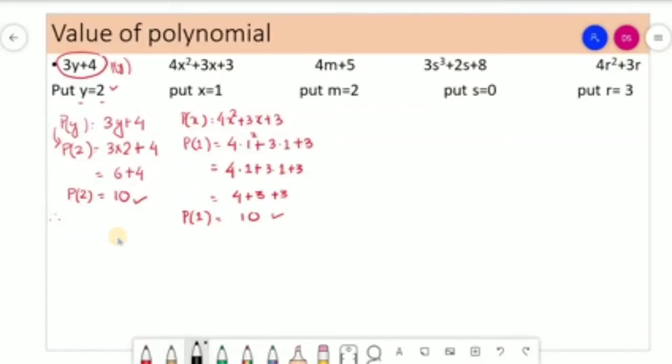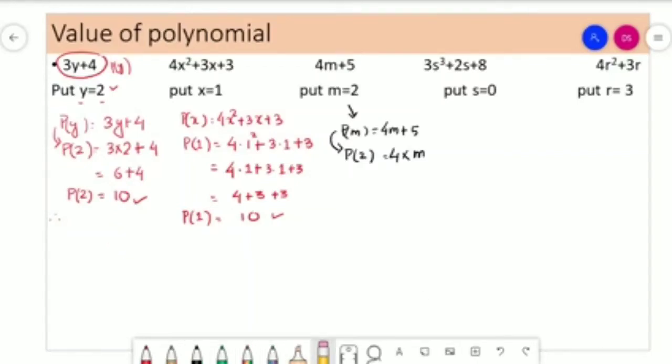Now come to this one, P(m) is equal to 4m plus 5. So P(2) is equal to, now we are changing this, instead of m we will put the value 2.